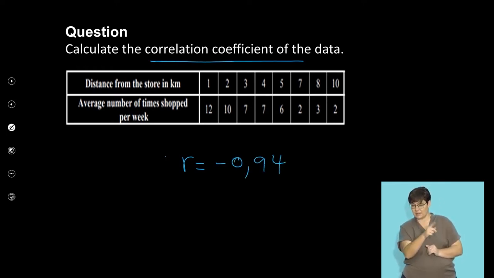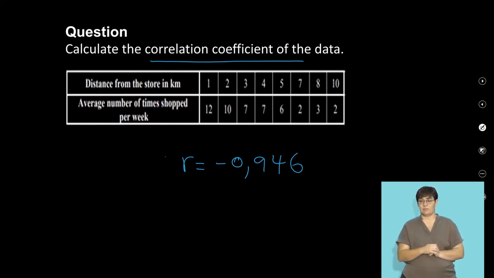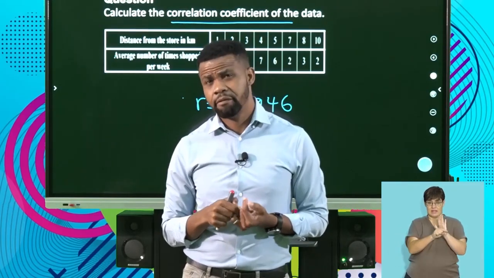Okay, let's see again, taking it to 3 decimal places. What does this tell us? It's negative, so it's a negative correlation. It's a strong negative correlation.